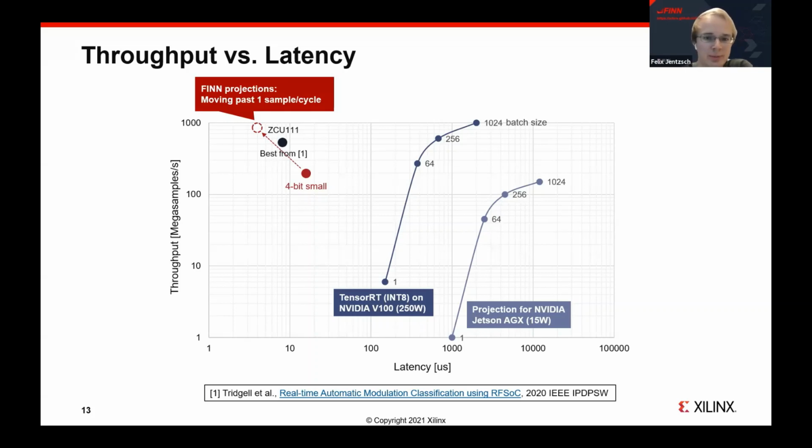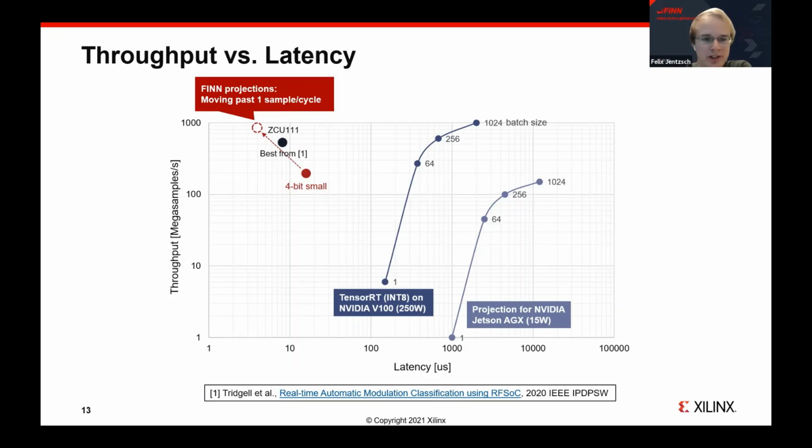So for the GPU comparison, we did some measurements on the NVIDIA V100 card, which is quite large with 250 watt TDP. And we used an 8-bit implementation using the TensorRT SDK. And we got these numbers here.